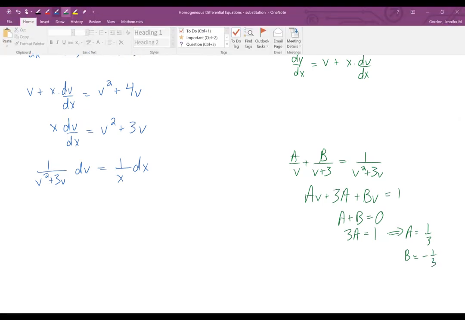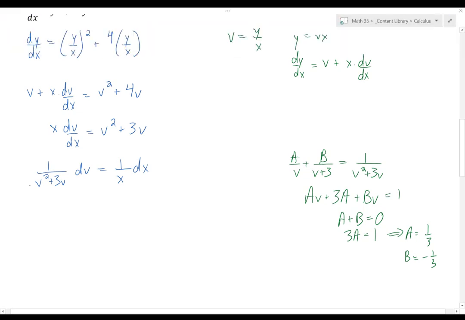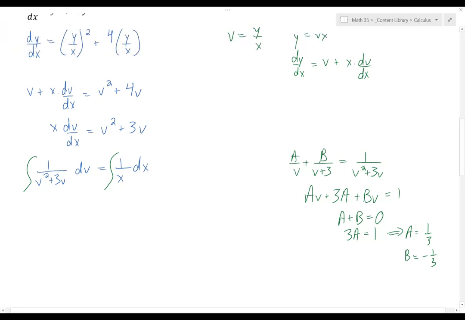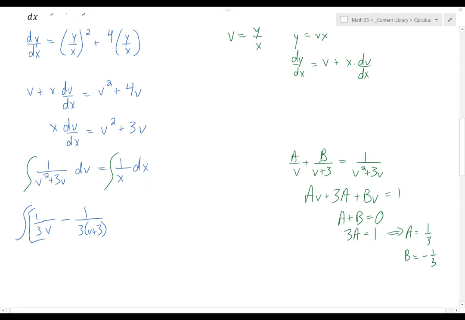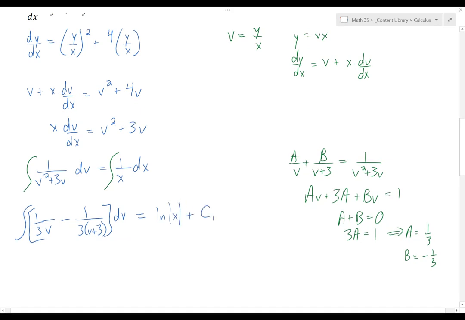So what that means for the integral, if I'm integrating both sides of this differential equation, which has now been separated, is that I have, well, I'll write out the full. So I've got 1 over 3v plus 1 over 3v plus 3, sorry, minus 1 dv. On the other side, I already know that it's ln of the absolute value of x plus some constant.